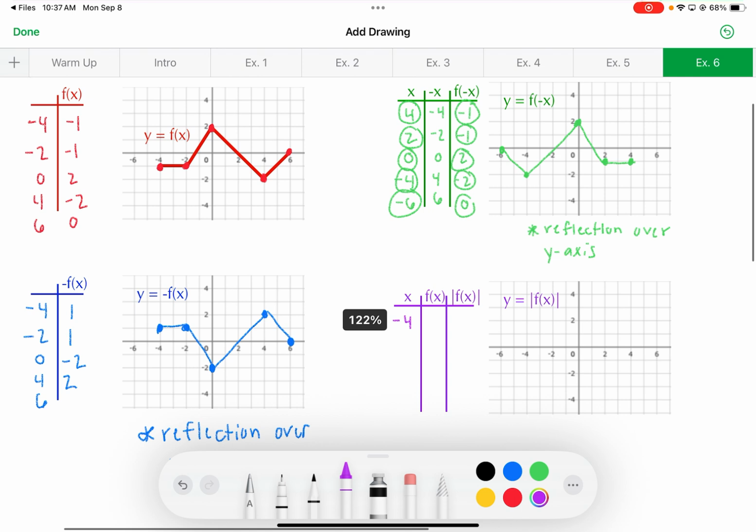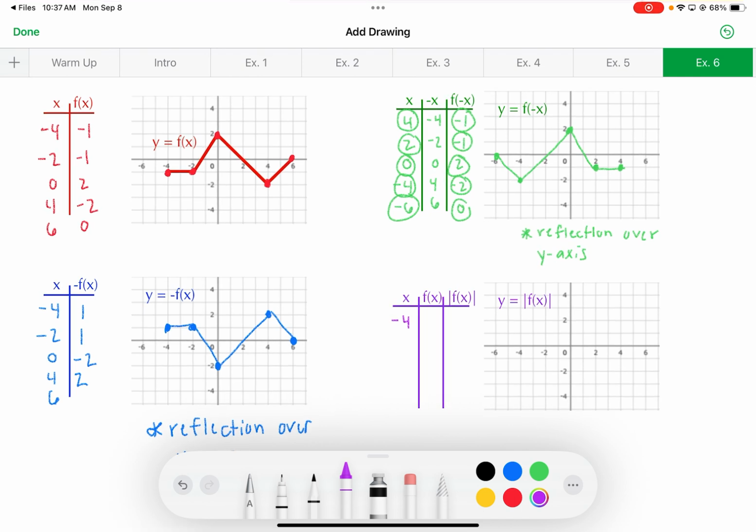I know that negative 4 produced a negative 1, negative 2 produced a negative 1 as well, 0 produced a 2, 4 produced a negative 2, 6 produced a 0. That all comes from the original function in red. Now I take the absolute values of those. 1, 1, 2, 2, 0. Okay, go ahead and plot them.